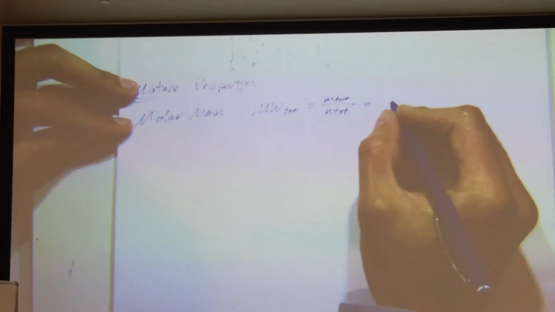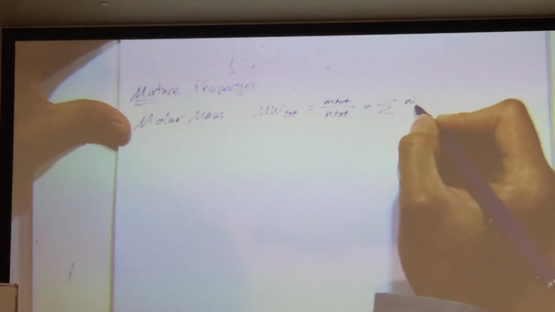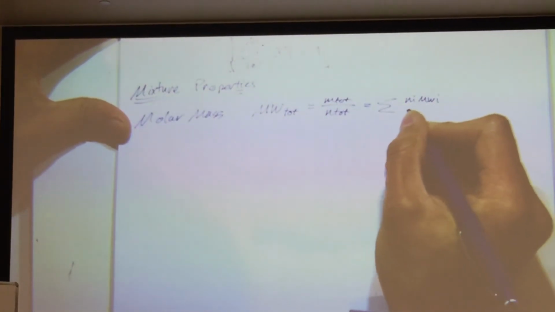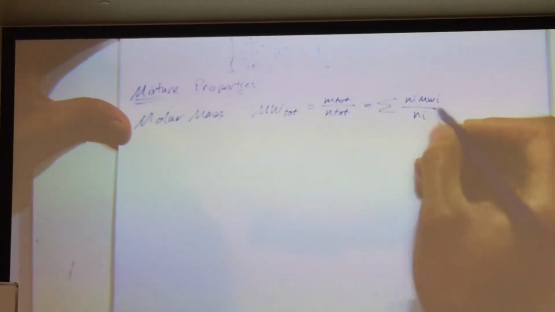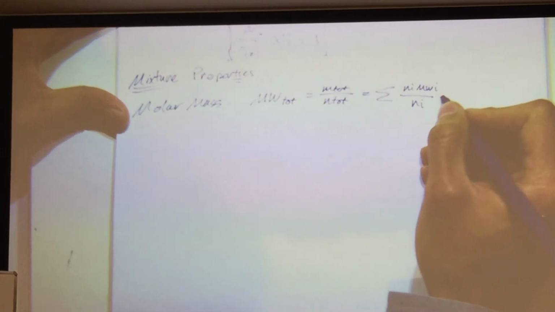And that is equal to the summation of each individual mole relative to the molecular weight of each individual species, divided by the number of moles itself, because I just decomposed this based on the equation that we just wrote.